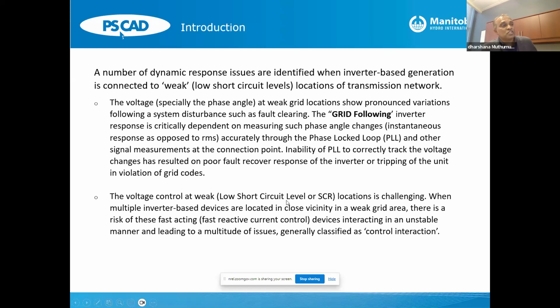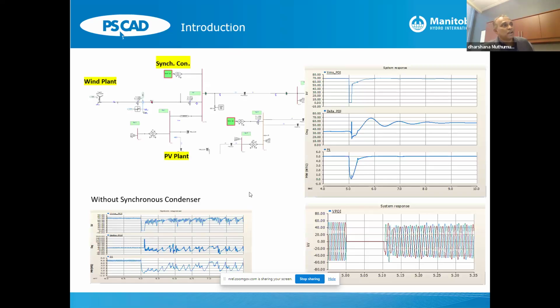So at locations where the short circuit ratio is low, when you have a disturbance, the changes in the voltage can be more pronounced than at a strong location. More specifically, the voltage magnitude and the voltage phase angle can go through larger deviations during disturbances. They can go through larger changes at weak grid locations than at strong locations. So then it puts more pressure on the PLL to do a good job. This probably is a good example to highlight that.